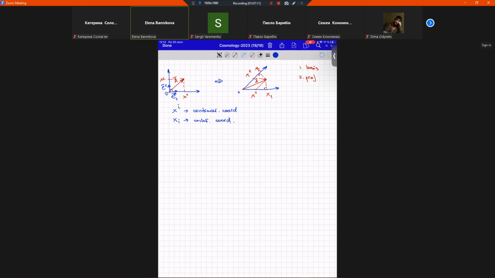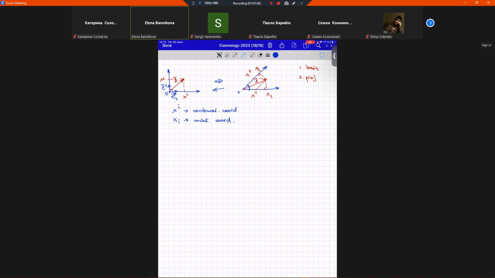If we go to the Cartesian reference system, in this case contravariant coordinates and covariant coordinates are the same, when the angle between axes becomes 90 degrees.